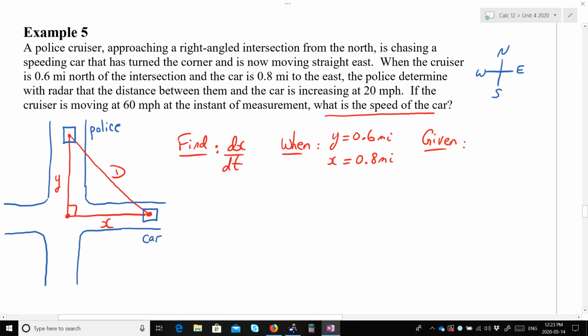And what are we given? We are given at a certain instant that the change in distance between the two cars with respect to time is 20 miles per hour. And the police cruiser is moving at 60 miles per hour, so the change in y with respect to time is 60 miles per hour.